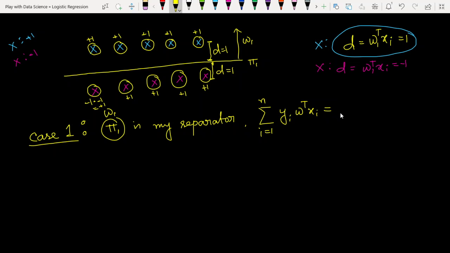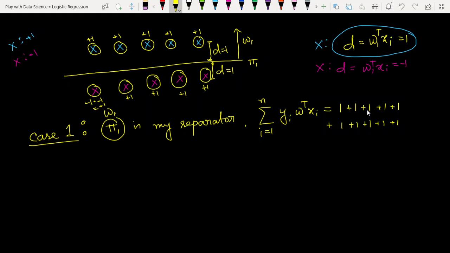So what will be the total distance? For positives, that is 1 plus 1 plus 1 plus 1 plus 1, which is 5. And for negatives it is also plus 1 plus 1 plus 1 plus 1 plus 1, because our plane is correctly classified. Positive points as well as negative points, so all are positive here.